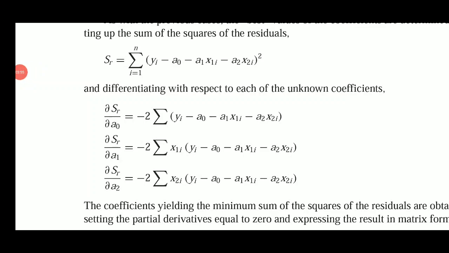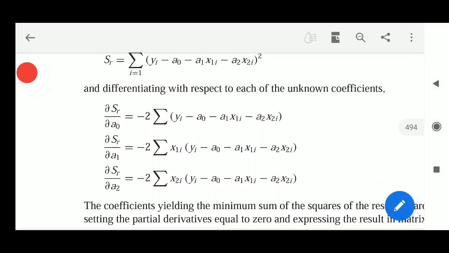Now, as we have done with the earlier equations, we have to find the minimum value of SR, the minimum residual sum of squares. To get that, we will differentiate SR with respect to the coefficients a0, a1 and a2, so that when we equate these to 0, we'll get three simultaneous equations, and with these we'll get the values of a0, a1 and a2.